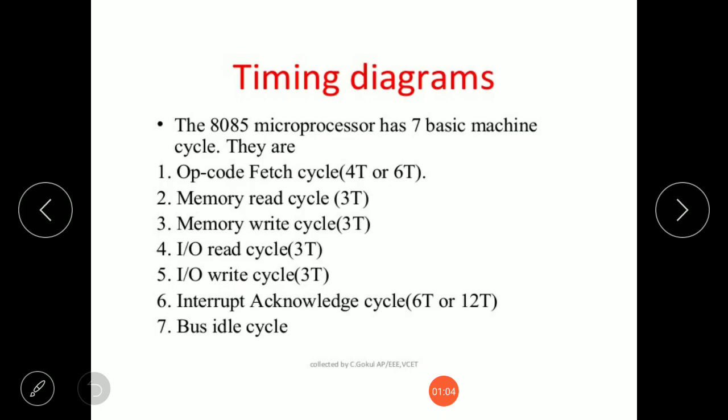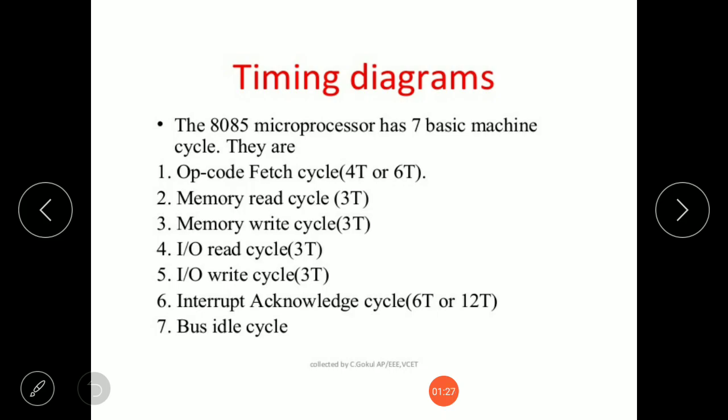Then the second one is the memory read machine cycle having 3 T states, the memory write machine cycle having 3 T states, the input output read machine cycle having 3 T states, the input output write machine cycle having 3 T states, the interrupt acknowledge cycle, and the bus idle cycle.